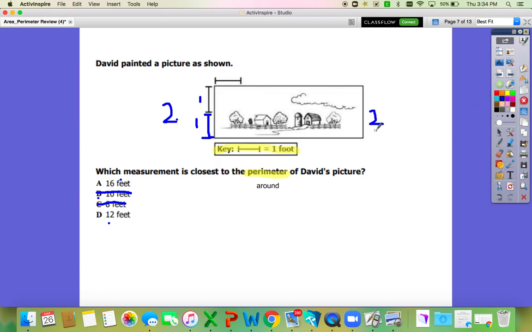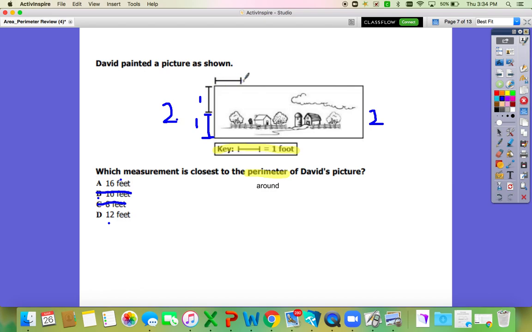If I have a ruler, a good way to do this would be to measure here to here, but I don't always have a ruler. So this is one of those problems where you really have to do your thinking. I'm going to try again. I've eliminated some wrong answers. I've trashed my answers that are definitely not right, and now I'm stuck with 2. So I'm going to try again.